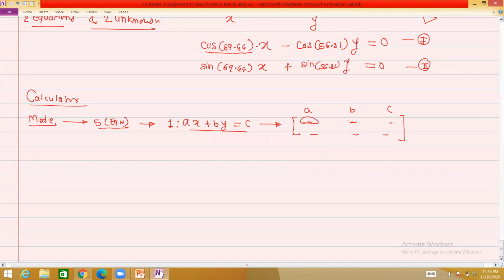Then for B, select the second coefficient, minus cos 56.31, and again press equal to. The C value for the first equation is 0. Then for the second equation, the coefficient is sine 69.44, the second coefficient is sine 56.31, and the C value is 150.